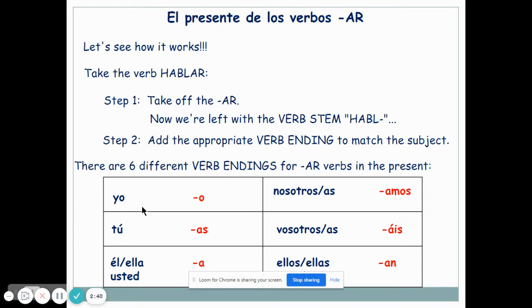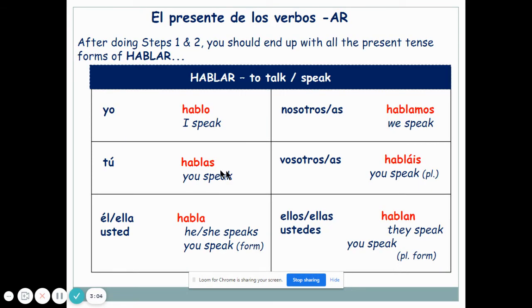For example, if it's yo, you add o. If it's tú, you add as. Él, ella o usted, you add a. Nosotros, nosotras, you add amos. Vosotros, vosotras, áis, which we're not using as much. This is used in Spain. Ellos y ellas, an.